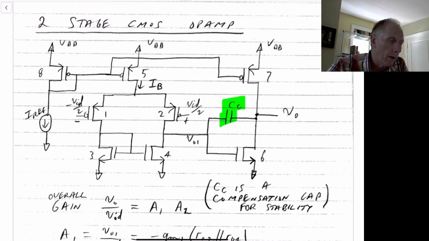The overall gain then is going to be the gain from VID to VO1, and then the gain from VO1 to Vout.